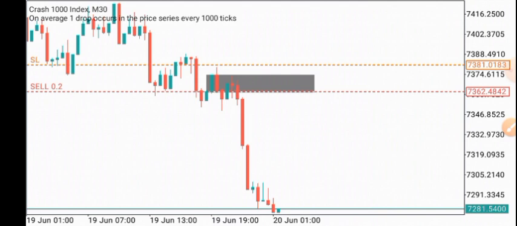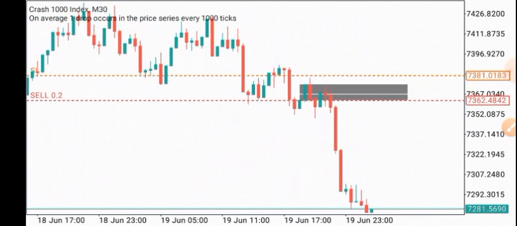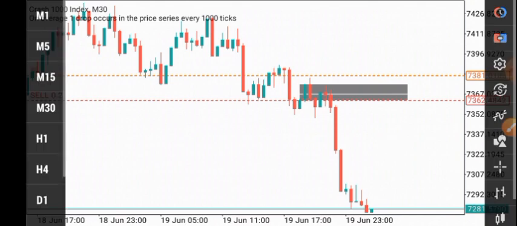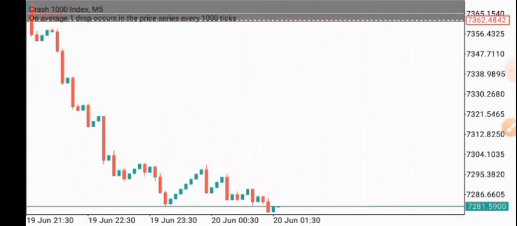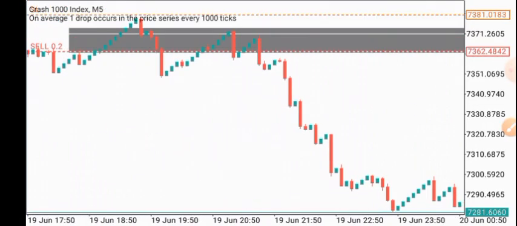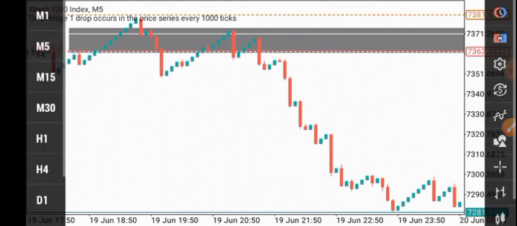Okay, so as you can see, I've got this trade running here already. I actually had this trade. I put this setup and then went to bed and slept.